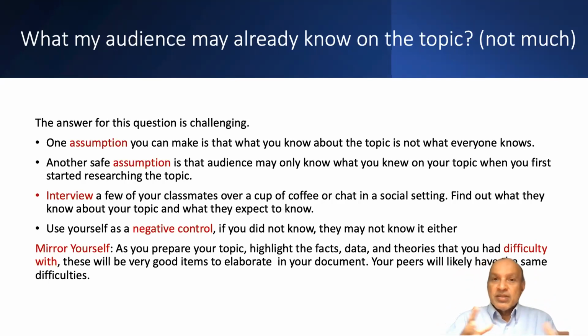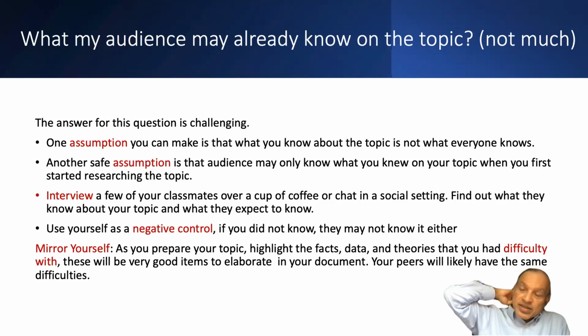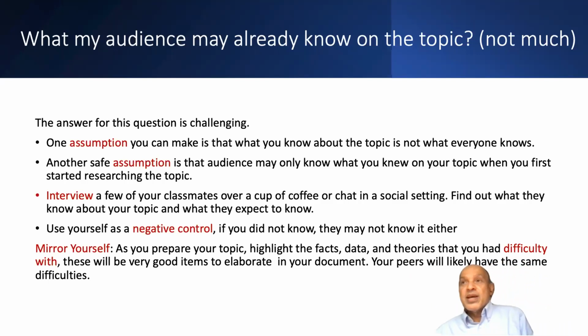Let me tell you what I'm trying to do, and tell me what you like, what you don't like, and then you can discuss what you understand and what you don't understand. So you can interview people that you have access to. You may not have access to a faculty member, but if you could find a faculty member and interview them, that's great, actually. If you take that step, that'll be awesome.